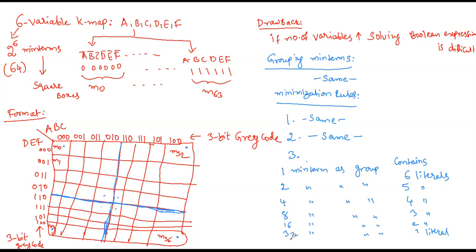If you form a bigger group with 64 minterms, the 64 minterms group is equal to 1. Okay? And we will see one problem.